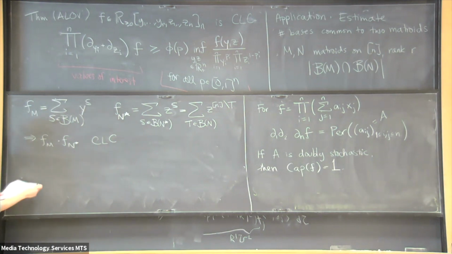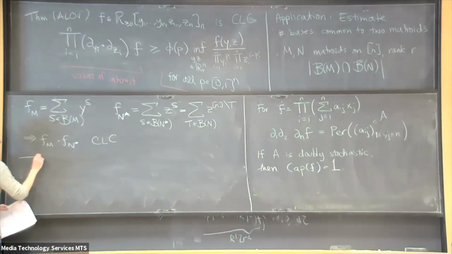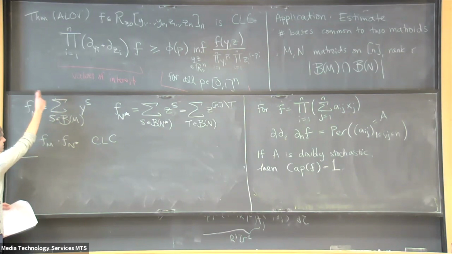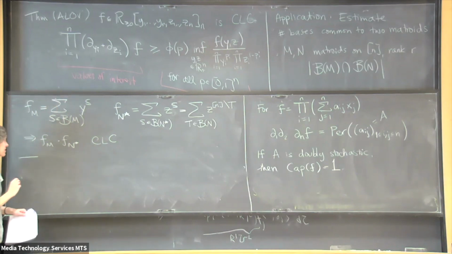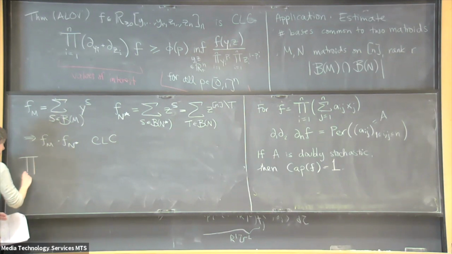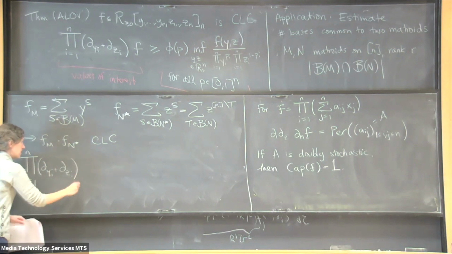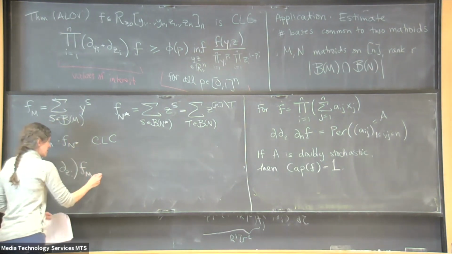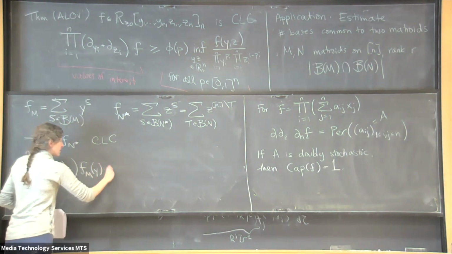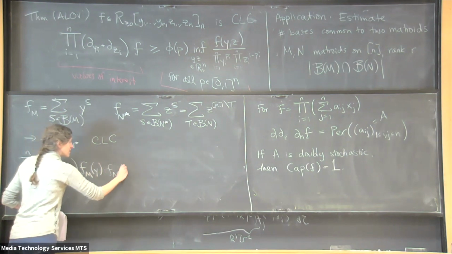And the point that I want to make is that this value counts the number of bases in their intersection. That is what happens if I apply this differential operator to f(y), f star of z.